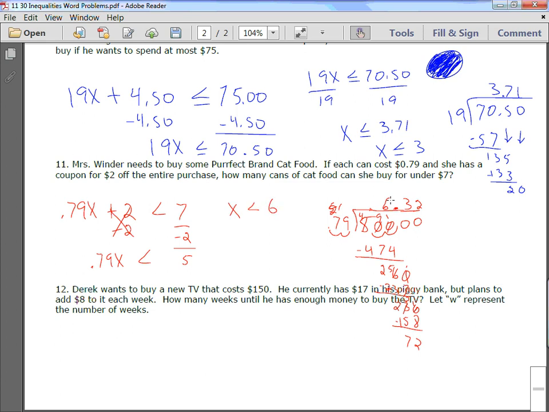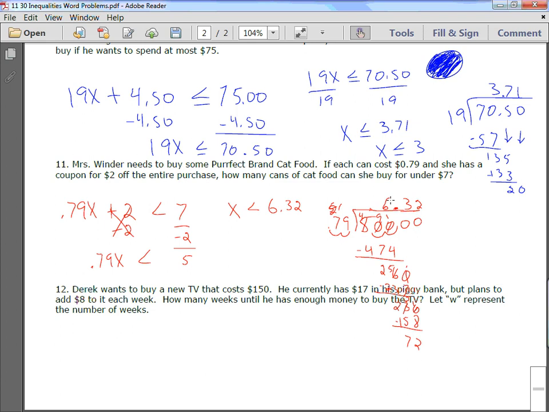And then the last one. Derek wants to buy a new TV that costs $150. He currently has $17 in his piggy bank, but plans to add $8 to it each week. How many weeks until he has enough money to buy the TV? Let W represent the number of weeks. He can have more than $150.